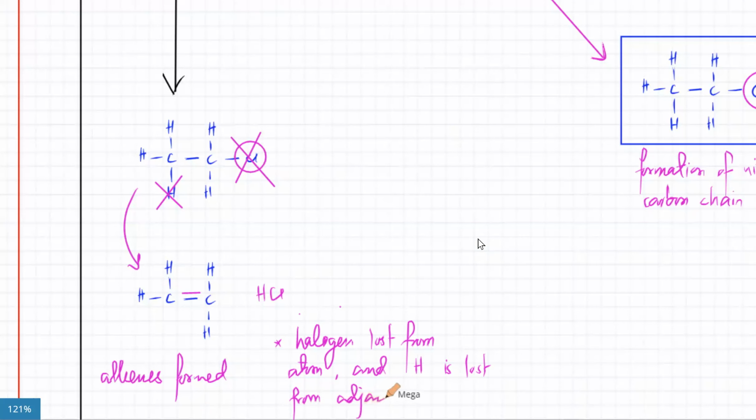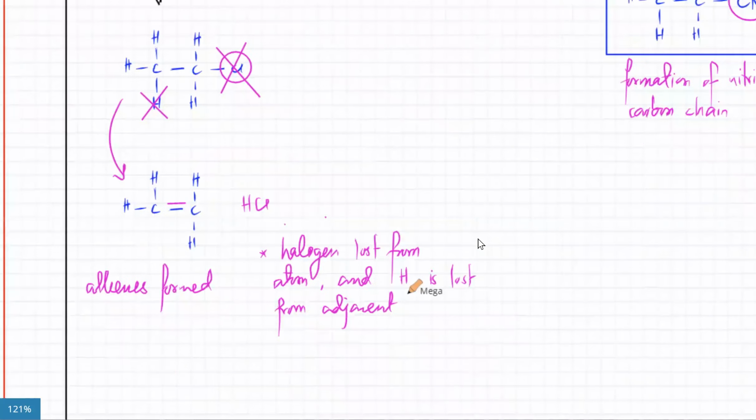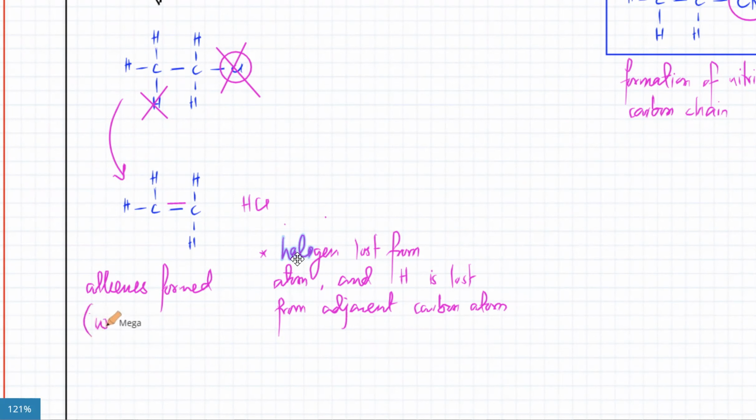So if the halogen is somewhere in between or in some other position, then the double bond could be on either side. And whenever you have alkenes formed, be careful about cis-trans; watch out for cis and trans. They would be counted as separate molecules. Is that clear?